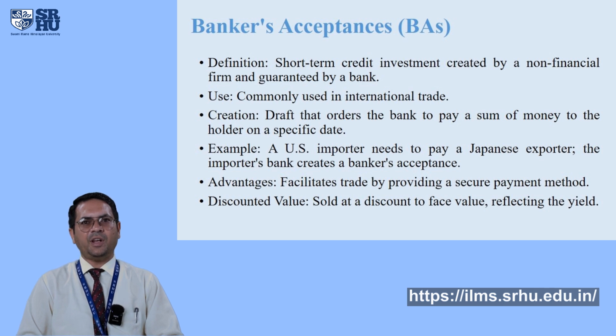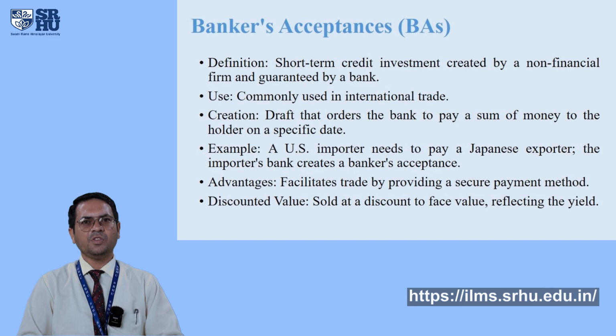The exporter can either hold the BA until maturity or sell it in the secondary market at a discounted price. Because a reputable bank guarantees the payment, bankers' acceptances are considered low-risk instruments. They are also liquid and can be traded freely before maturity.